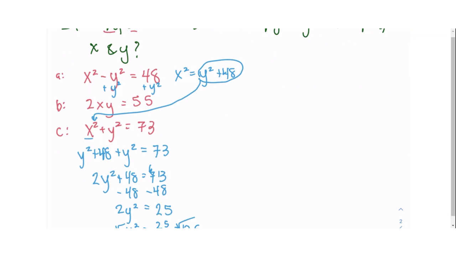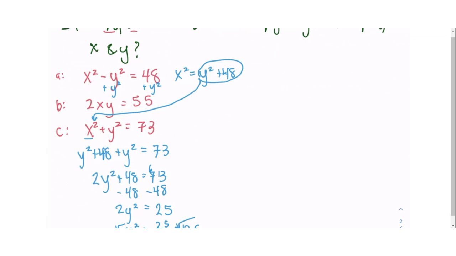Then y would be the square root of 12.5, which is, let me see, I'm going to have to do this in the calculator really fast. If you ever have to type it in, you can use SQRT, square root of 12.5. Oh, it's horrible. So I'm just going to leave it as the square root of 12.5.